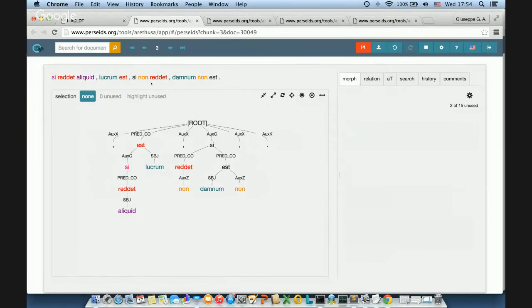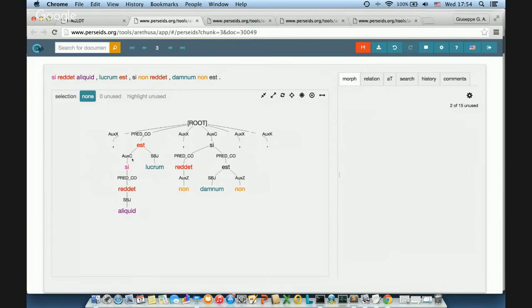We have two main clauses, and then simply a comma without a coordinator. So this is the main clause here, and then we have a conditional clause here.